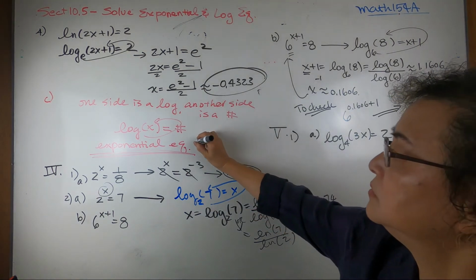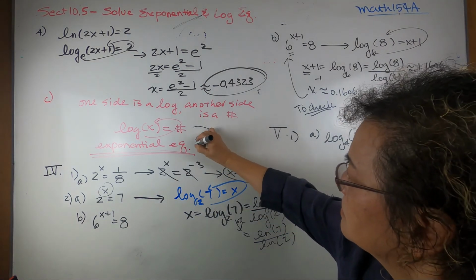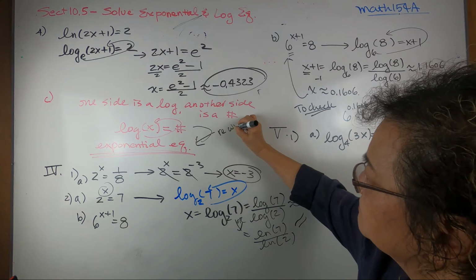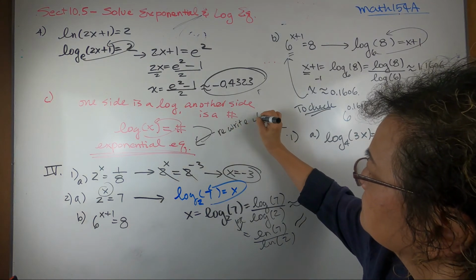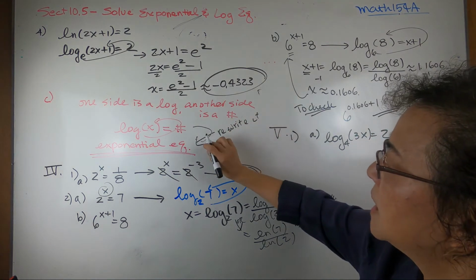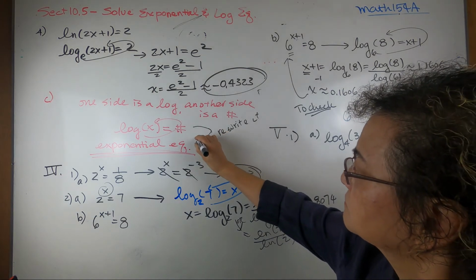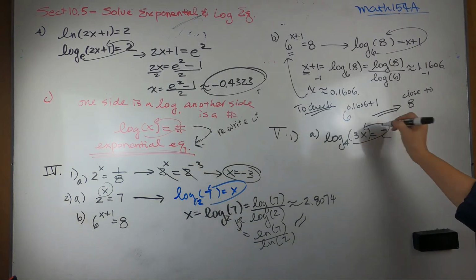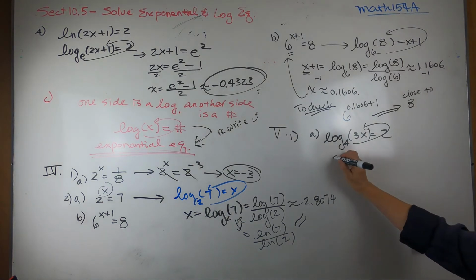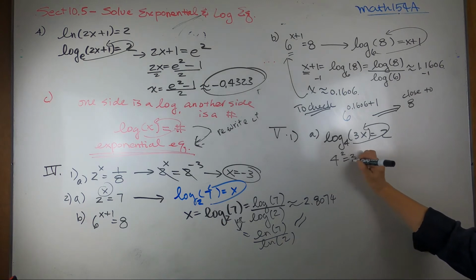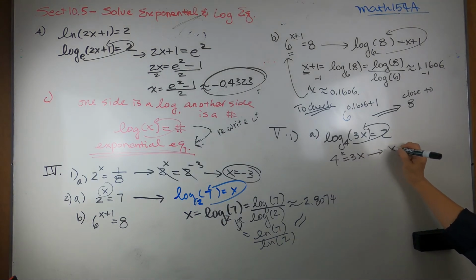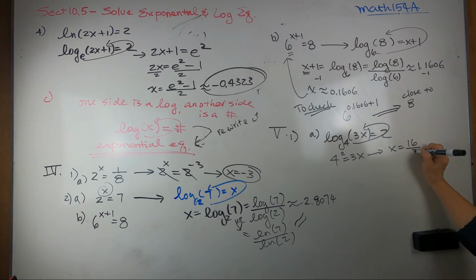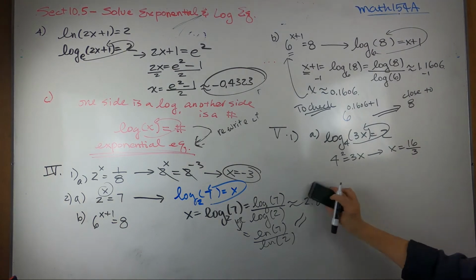Then we will rewrite it as an exponential. So 4 to the second power is 3x. Then you solve, x is what? 16 over 3, right?